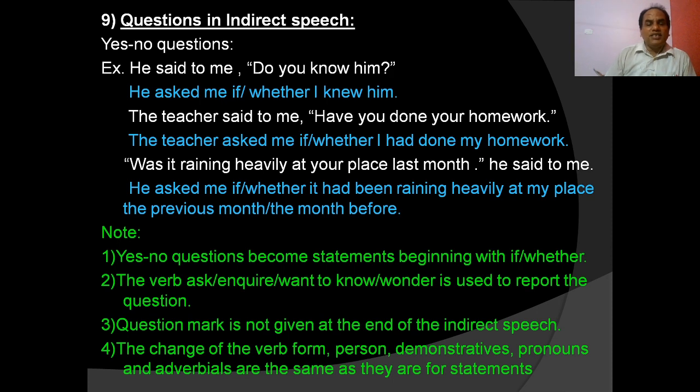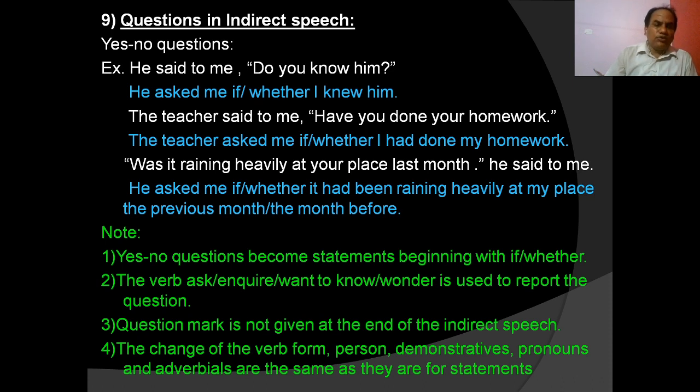The verb ask is used to inquire, wanted to know. Ask is used and the question mark is no more at the end of the indirect speech. And the change of verb, person, demonstratives are the same as in the case of statements. So he said to me, do you know him? He asked me if or whether I knew him. This is how we convert yes-no questions from direct speech to indirect speech.